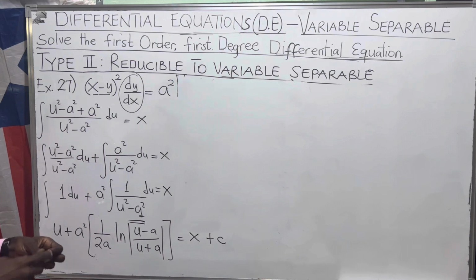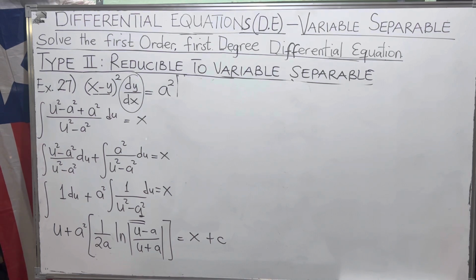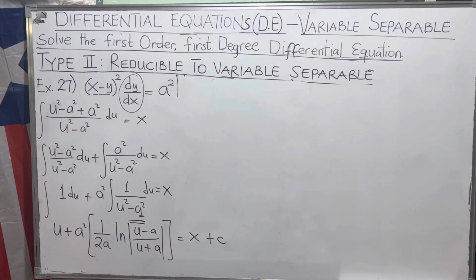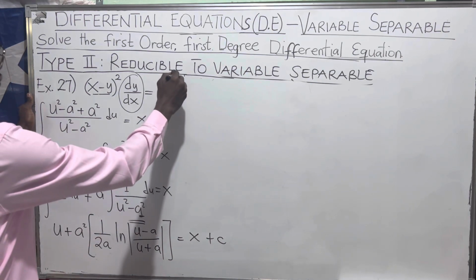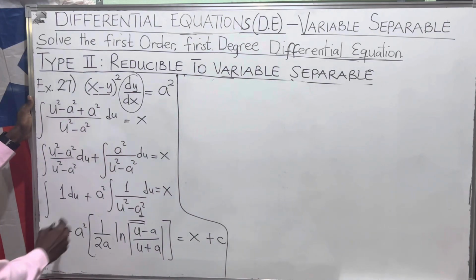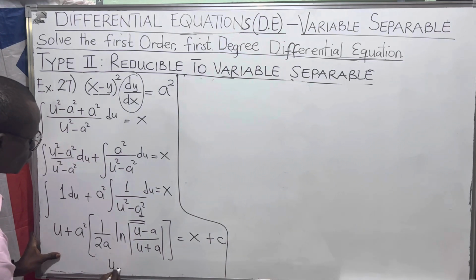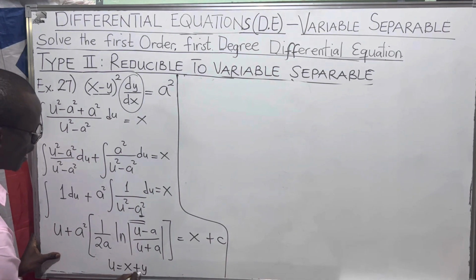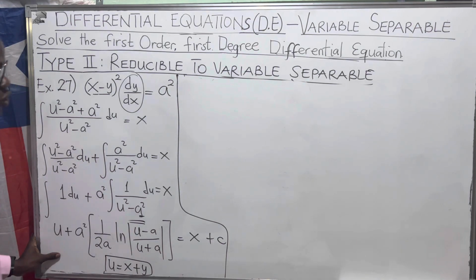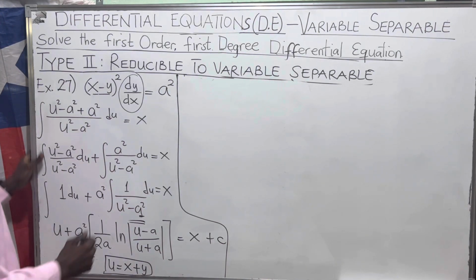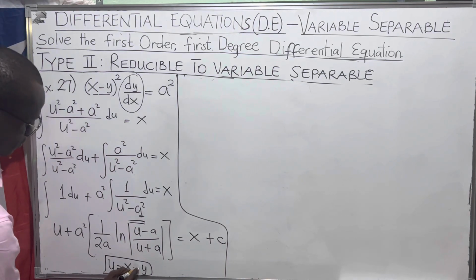But originally we did not have u in the problem. Originally we had y. The original problem was y. So we need to substitute the original variable of the problem. So this is u. Now we know that we said u should be equal to x plus y, or x minus y, because this is minus.